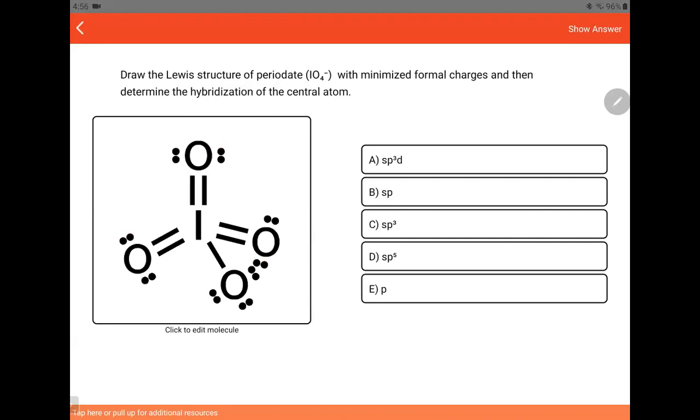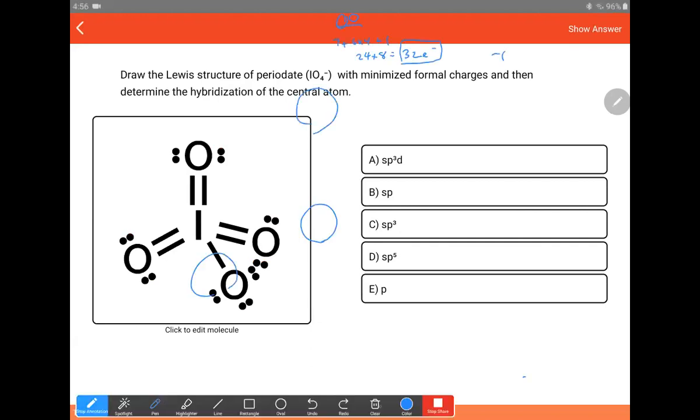Now, the next part is, what is the hybridization? And what I see is I got no lone pairs around here. So if I had additional electrons to work with, I could have added some lone pairs, which would have adjusted it, but I didn't have any extra lone pairs. So I have 1, 2, 3, 4 electron groups, right?